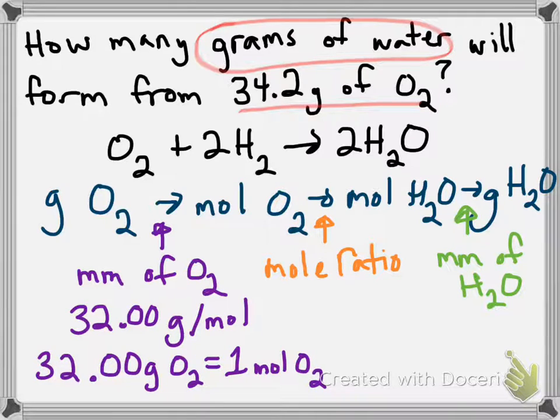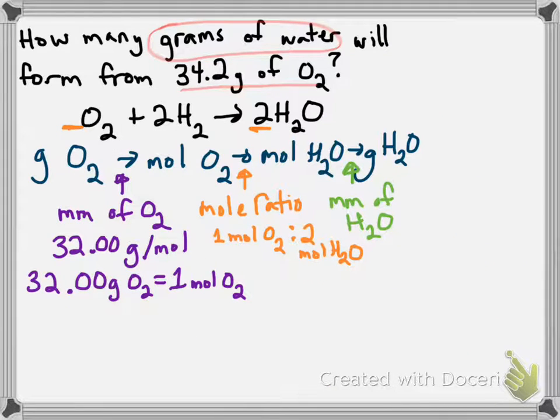Then my mole ratio I get from my balanced chemical equation. So I'm looking at O2 and H2O. So that's going to be 1 mole of oxygen can convert into 2 moles of H2O. So I have a 1-to-2 ratio.